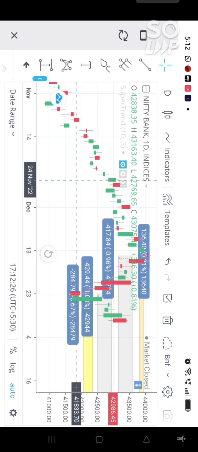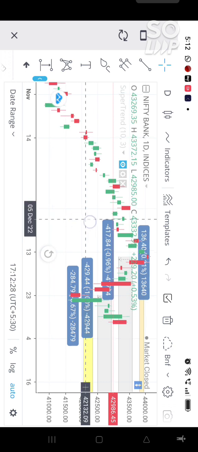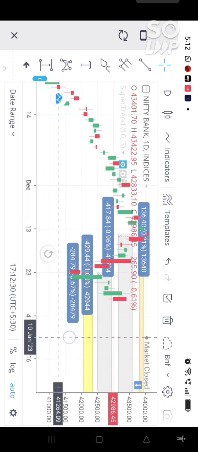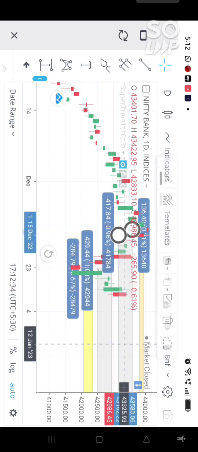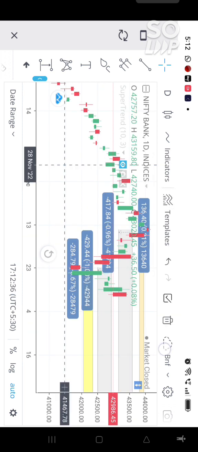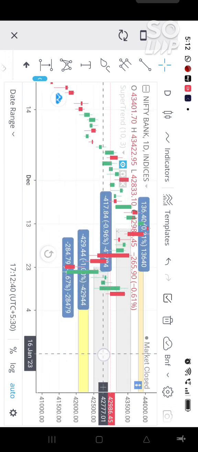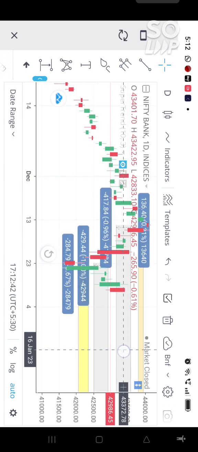So now what you can see is, this is one daily zone. Let me save it first. This is one daily demand zone, and this is one daily supply zone.